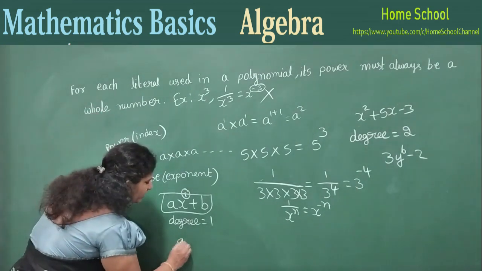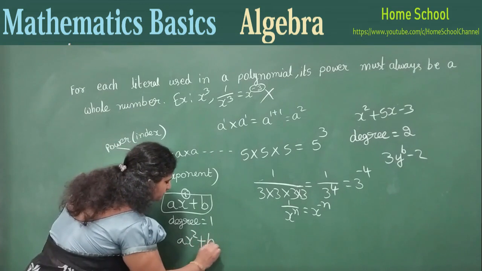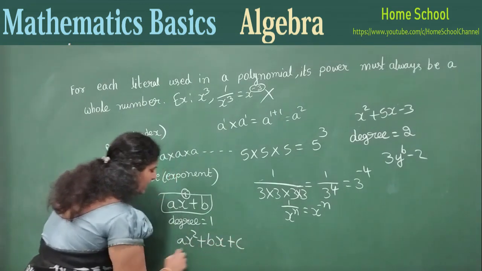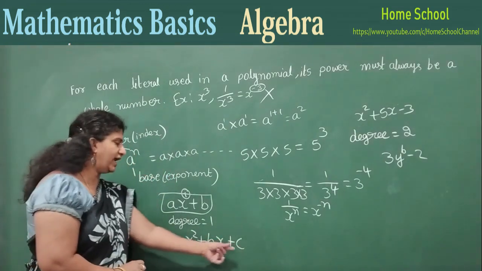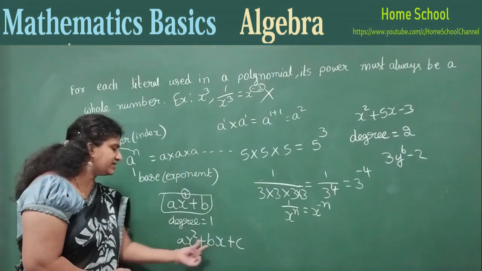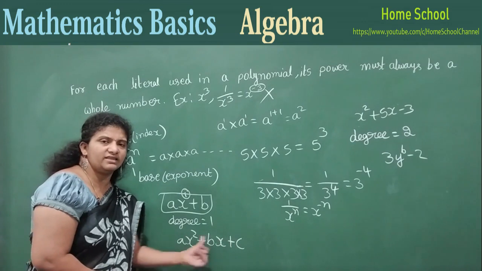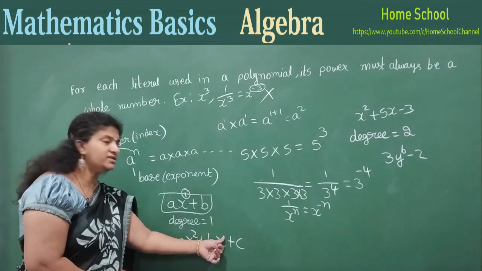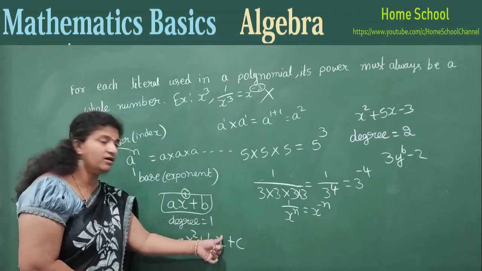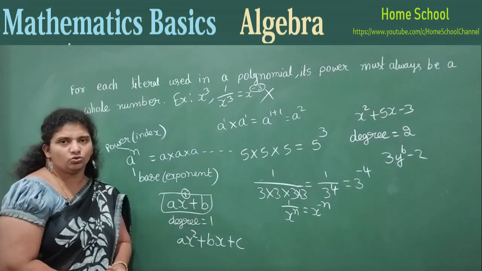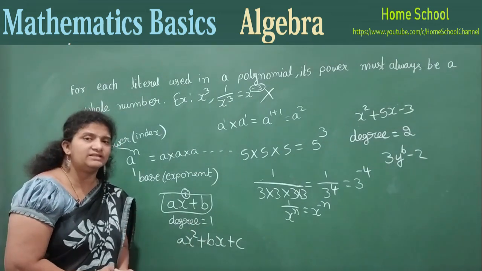Suppose your equation, look here, where a and b are numerical coefficients, c is a constant and x is a variable. These are the constant and these are the variables. So what is the highest power? You can see here 1 and here 2. What is the degree of the given algebraic expression?